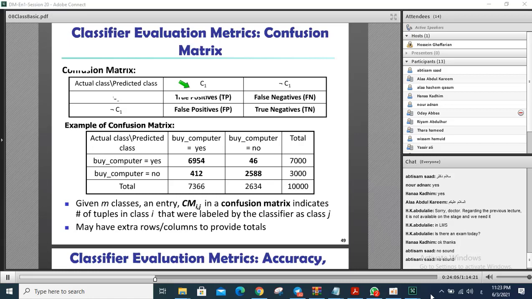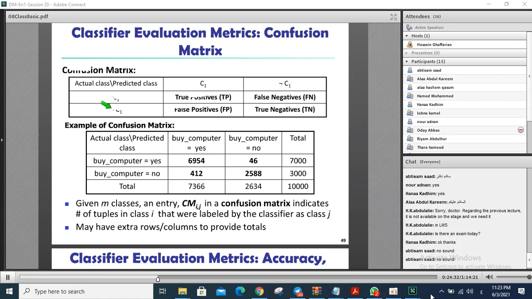True positive means that the actual class label of a tuple is C1, and I'm predicting that the class label is C1 too.